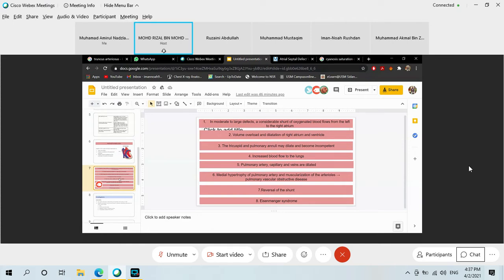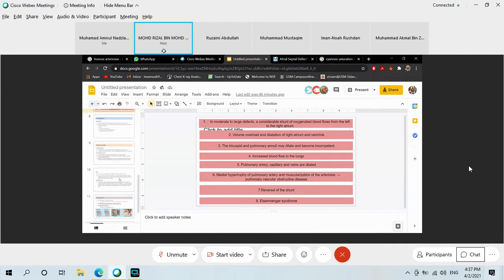Reversal of the shunt maksudnya, okay, you tak sure tadi, reversal of shunt, this self-explanatory. ASD is left to right shunt, so bila sebut reversal shunt, maksudnya, dia sekarang jadi right to left shunt. Because pulmonary hypertension, severe pulmonary hypertension. And dia punya end, Eisenmenger syndrome is the end stage of the pulmonary hypertension. Pulmonary hypertension ni dia banyak stage.